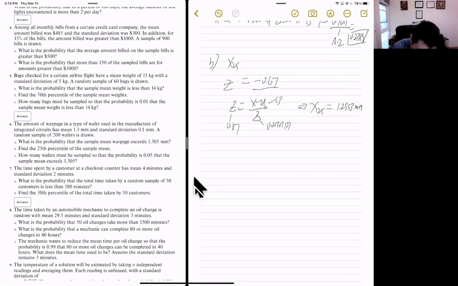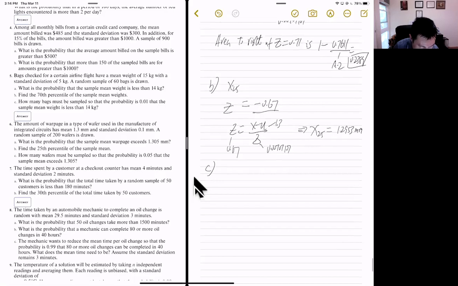The last part of the question asks how many wafers must be sampled so that the probability is 0.05 that the sample mean exceeds 1.305.